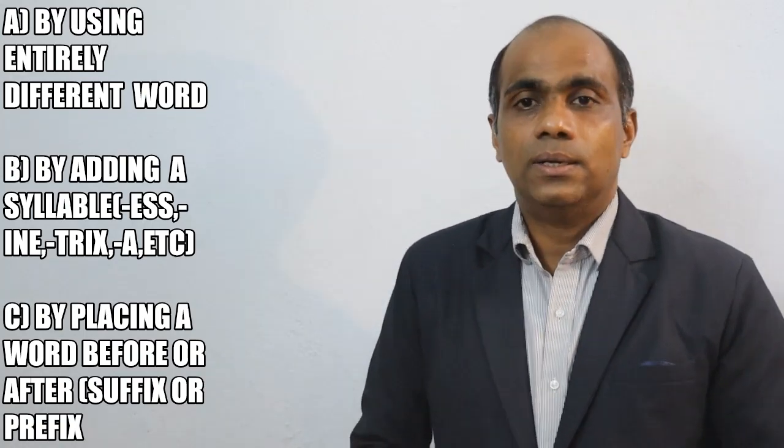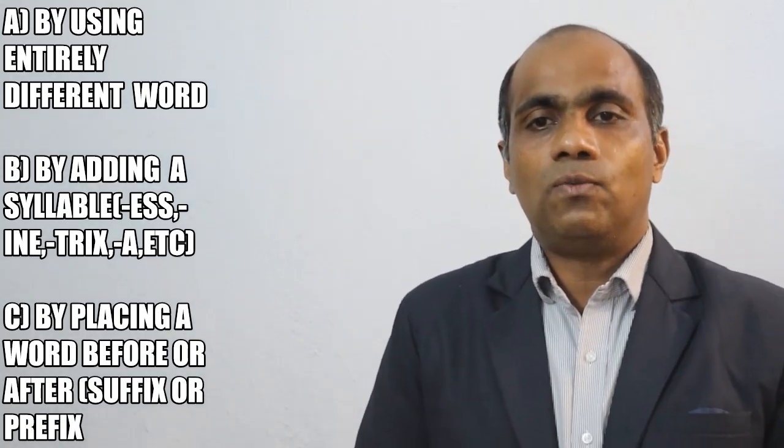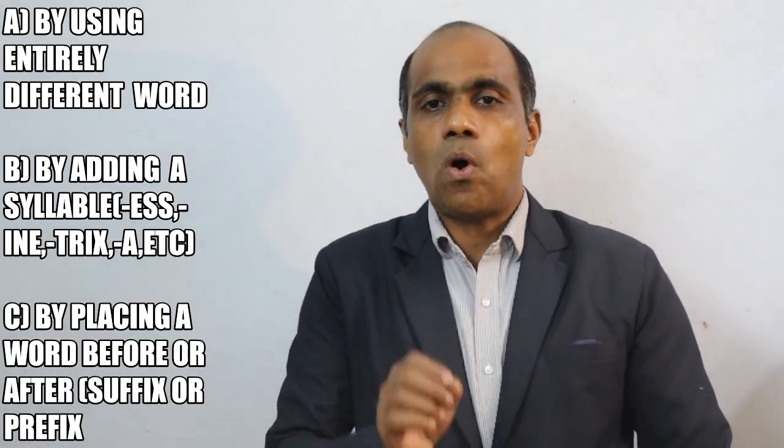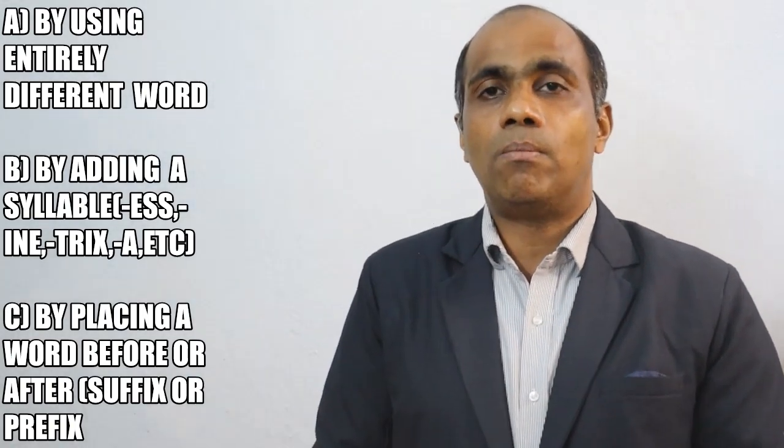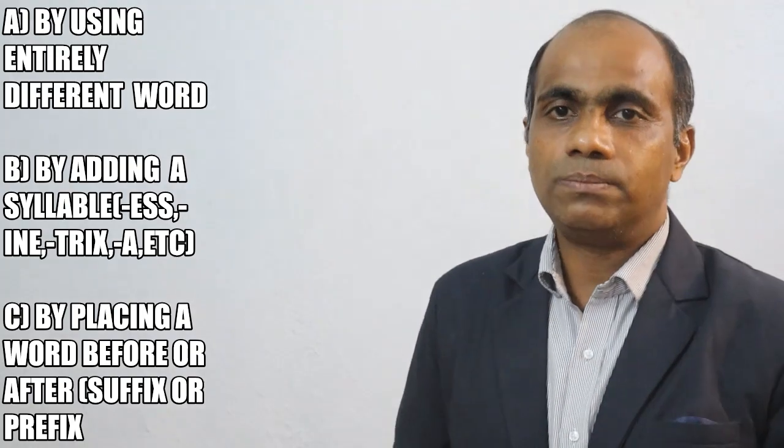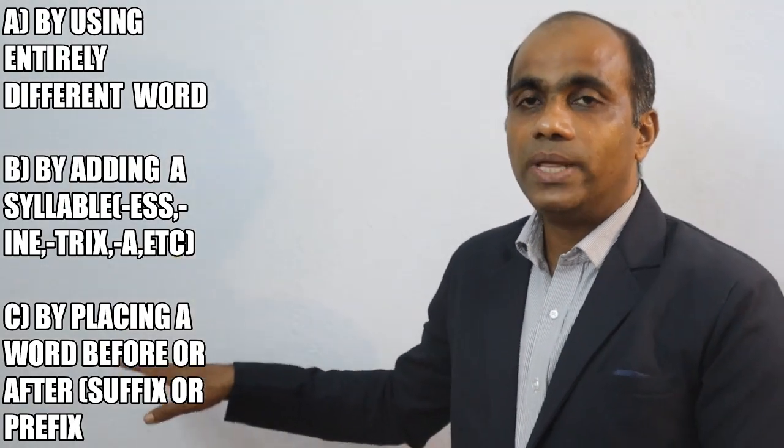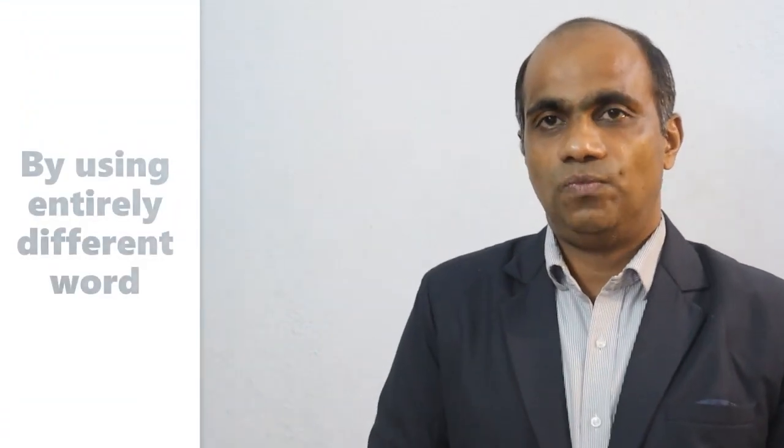Let us see now one by one how to form feminine nouns from masculine nouns with these three. What is the first one here? By using an entirely different word. We have the masculine noun, but we are using an entirely different word for the feminine gender.